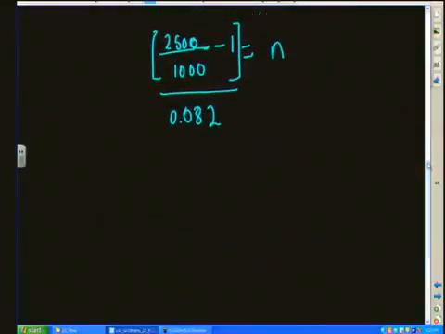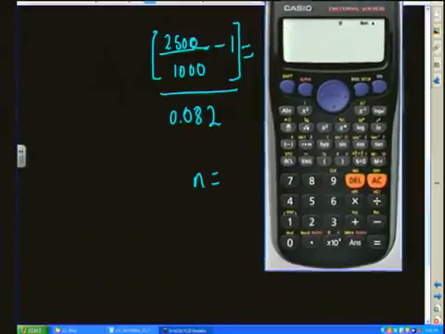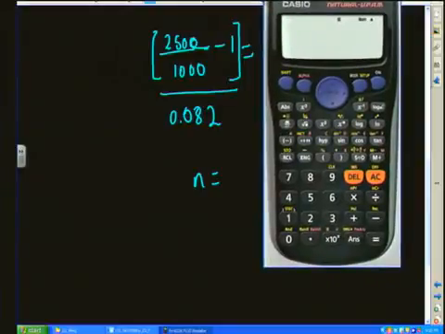And once again, it's just a matter of putting all of this into your calculator. Remember, they asked us for n in years, right? Okay. So we've got 2,500 over 1,000 minus 1.